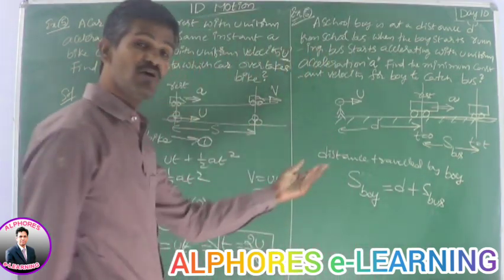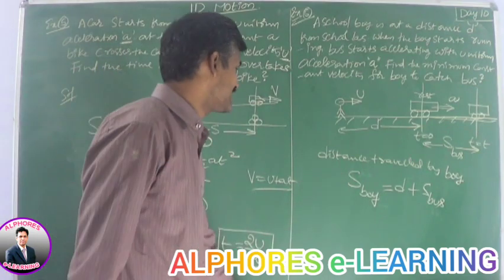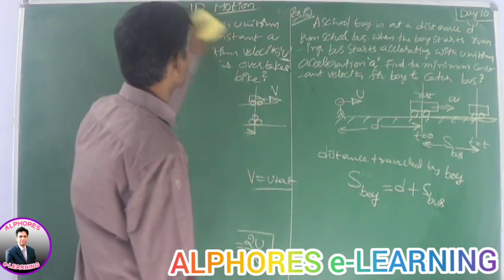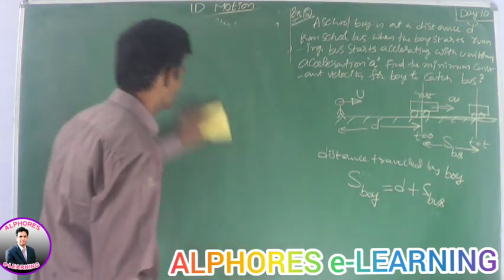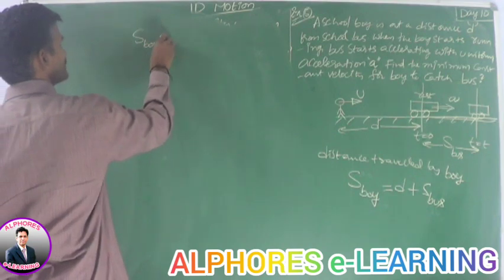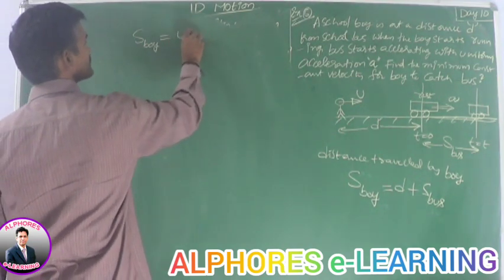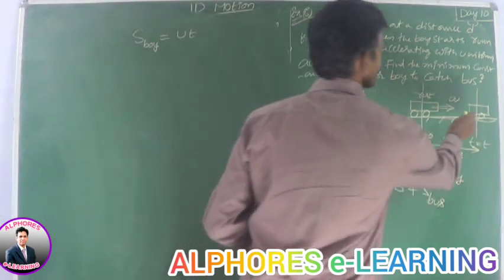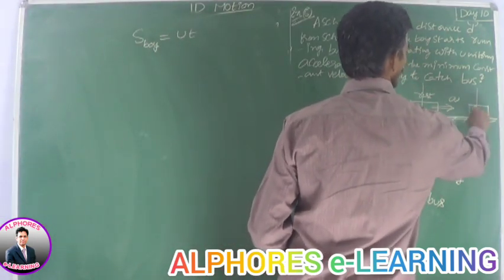How to calculate S boy and S bus? We already know that this boy is running with a uniform velocity, so the distance travelled by the boy is equal to u into t. Suppose t is the time at which this boy catches the bus. Suppose he is going to school.